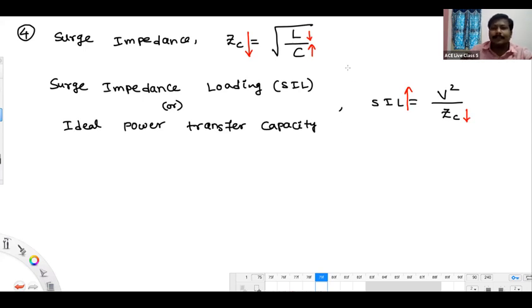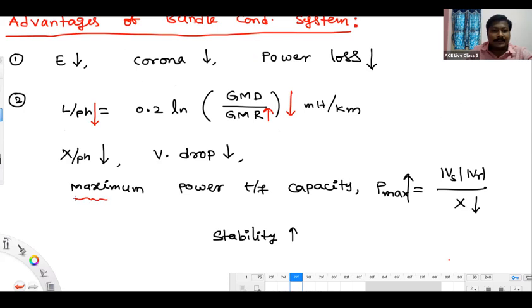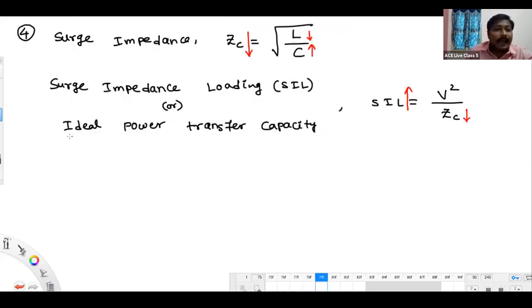Yeah, next thing. See, we have to observe the difference between the second advantage and the fourth one. What did you write in the second advantage? Maximum power transfer capacity, with formula Pmax equals mod Vs into mod Vr by X. But now you have a term, ideal power transfer capacity, that is surge impedance loading, which is V square by Zc.